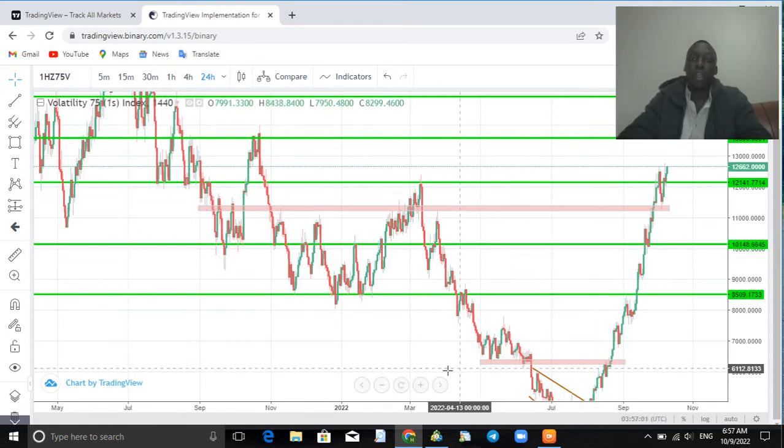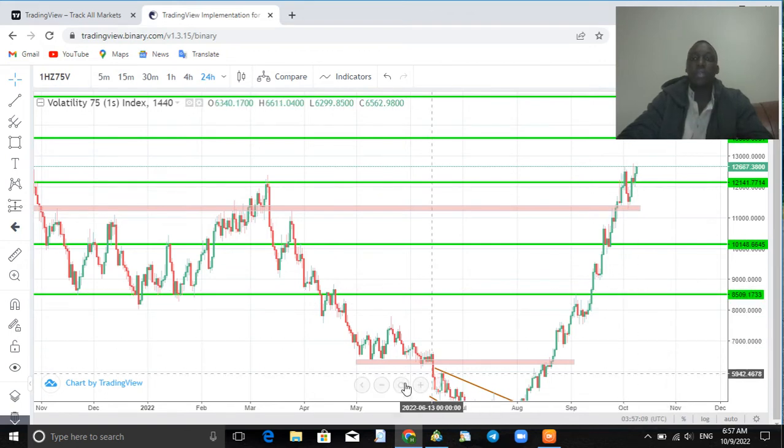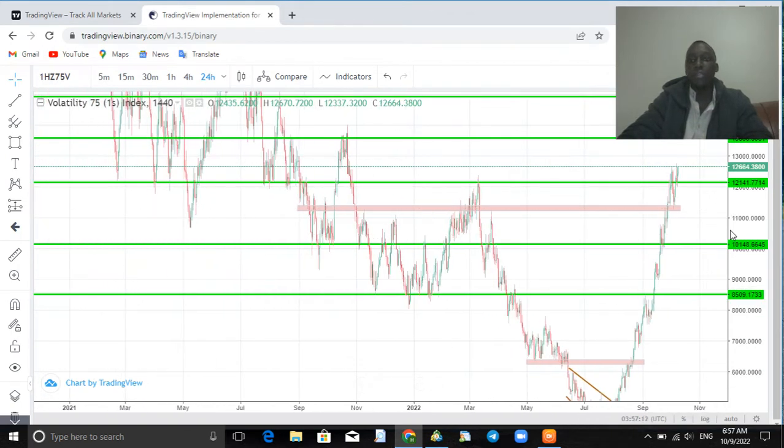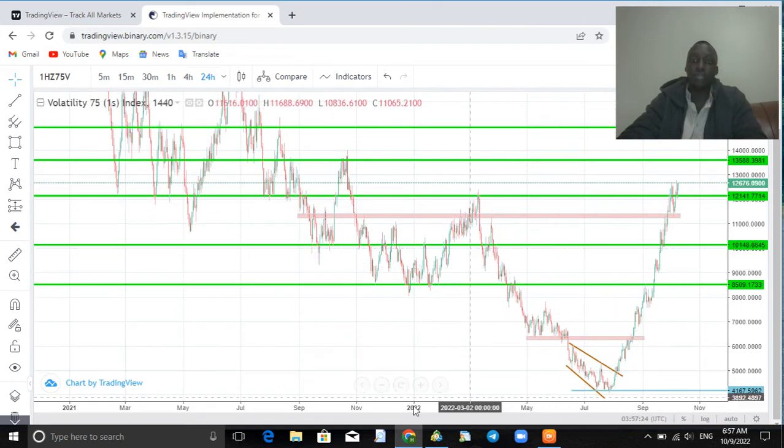So that's why we highlight them and tell you these are major market key levels. You can see that prices have so far broken 1, 2, 3 major market key levels, and this was our last major market key level.